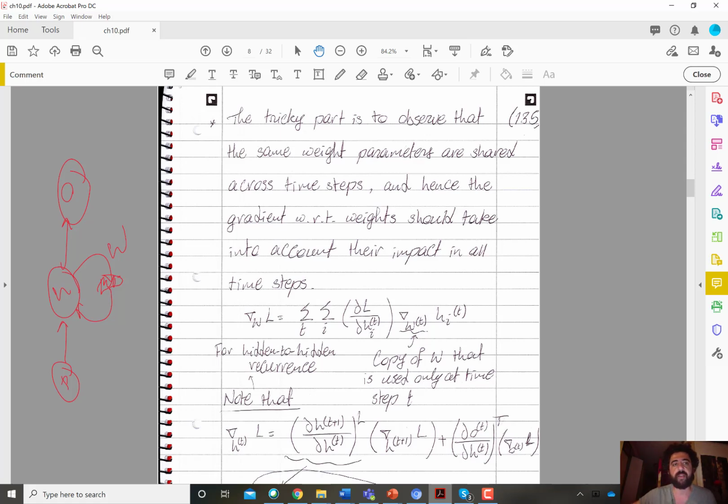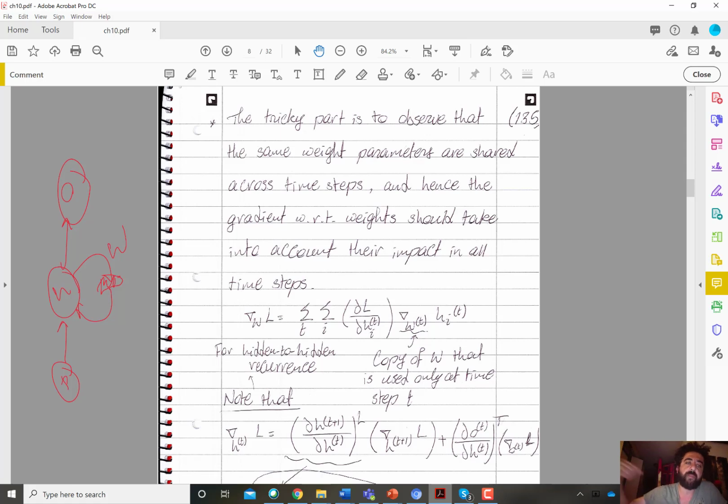So if the sequence length is 100, you have h of 1 multiplied by w to get h of 2, and then multiplied by w again to get h of 3, and so on. So there is this exponentiation, or raising w to a power up to 100 at the end of the sequence.